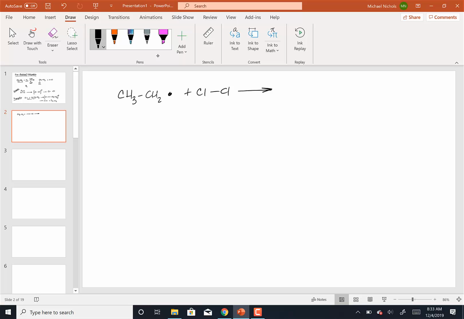I'm going to break my chlorine-chlorine bond, take a Cl dot and pair it up with the C dot, and then the other chlorine is going to get the unpaired electron.